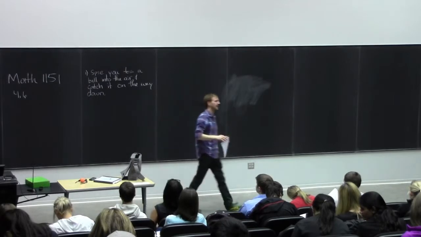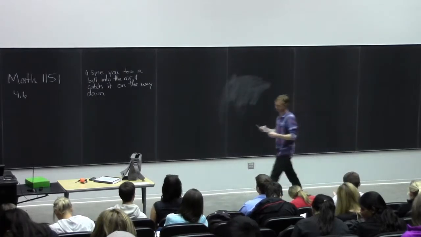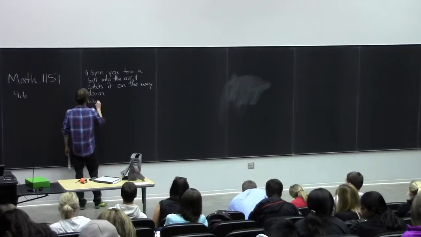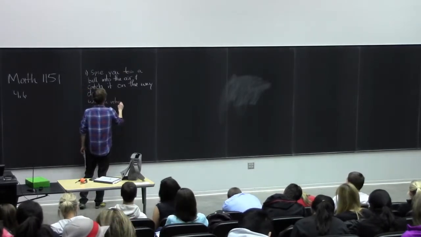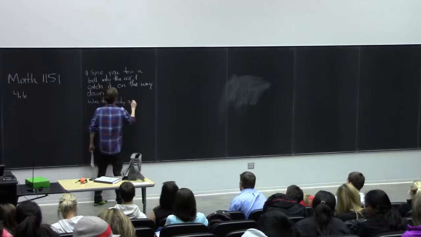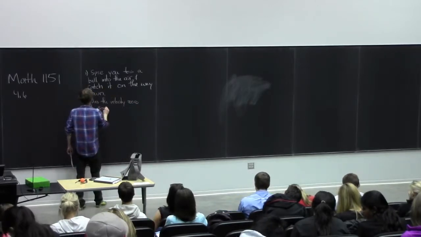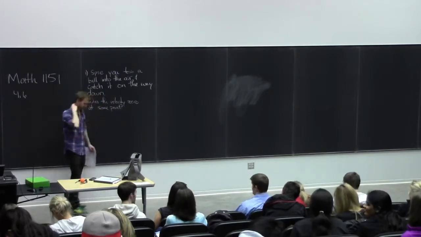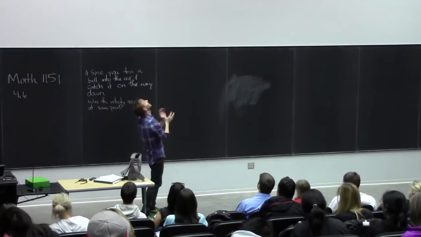Was it moving at a speed of 0 at some point? Was the velocity 0 at some point? So as a visual aid, we have a ball, and I toss it up.